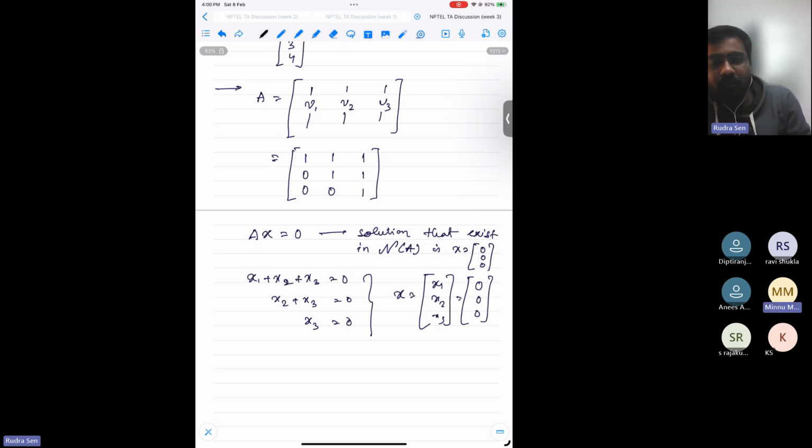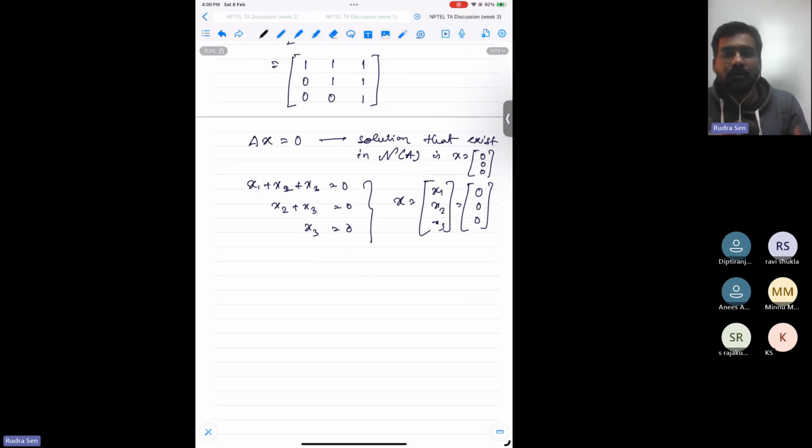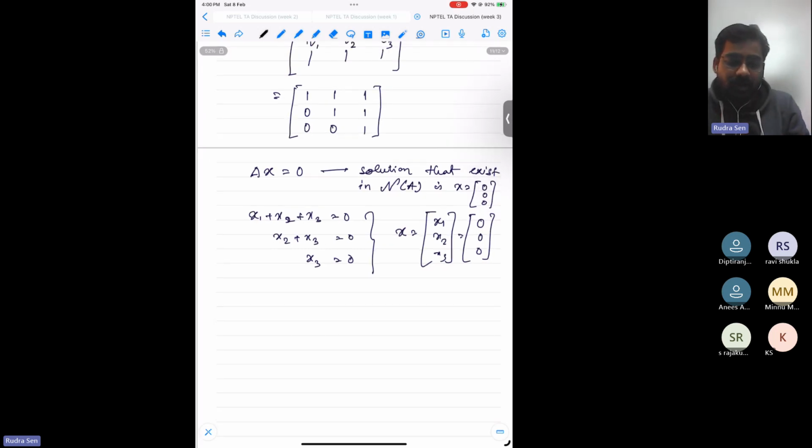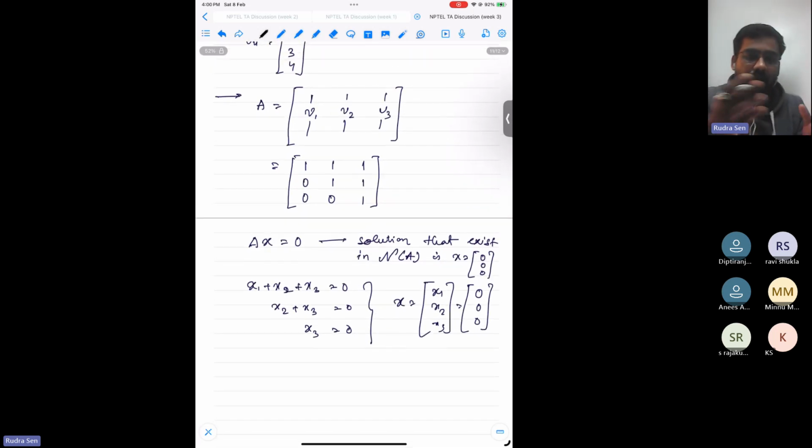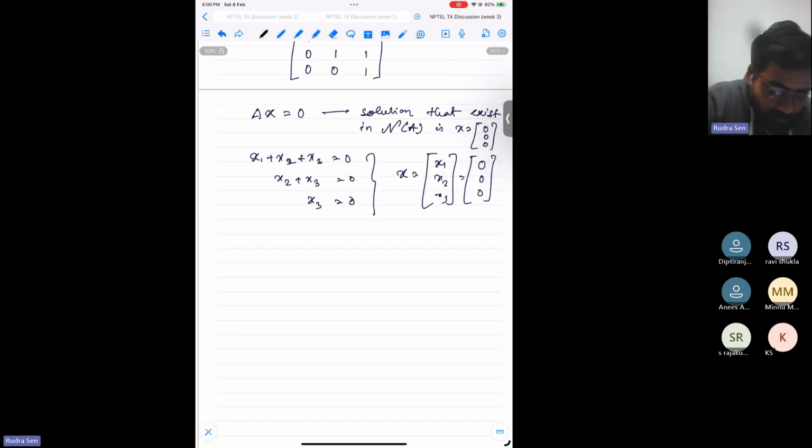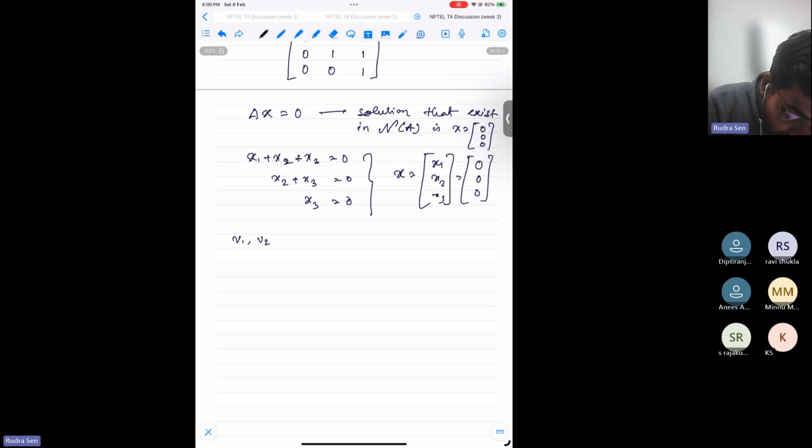So only the zero solution exists in the null space of A, and A is created by putting all the vectors we are concerned about in the columns of the matrix. So V1, V2, V3 are linearly independent.